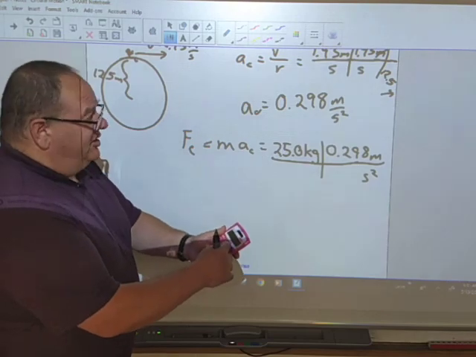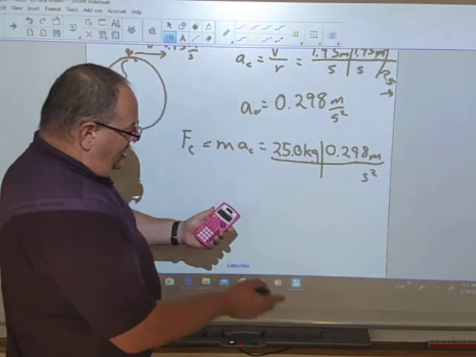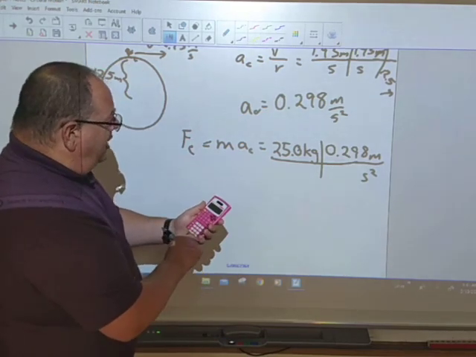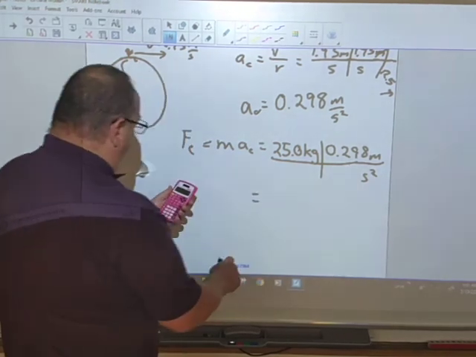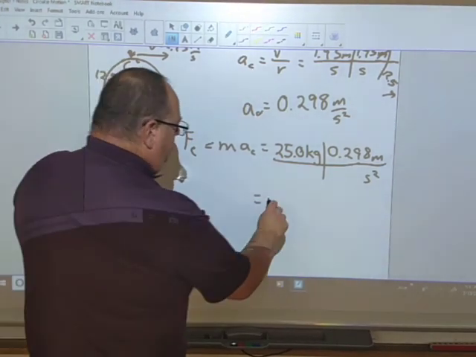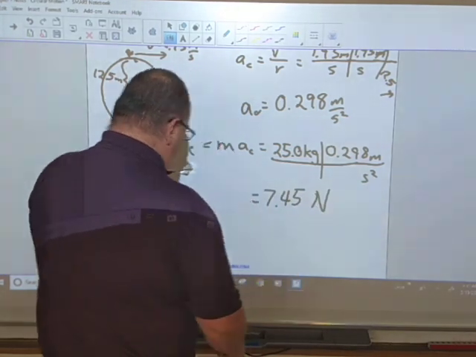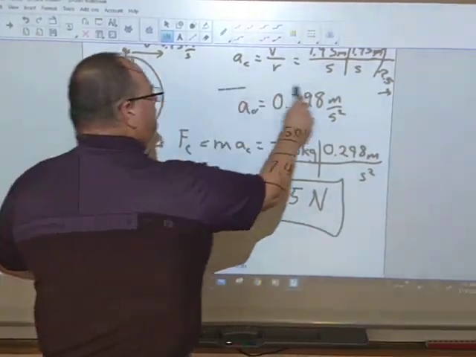I still have in my calculator the math from the last one. Now I rounded off to 0.298, but I'm going to leave what was in my calculator from the last one and multiply by 25, and I get, to 3 sig figs, 7.45 newtons. 2 answers.